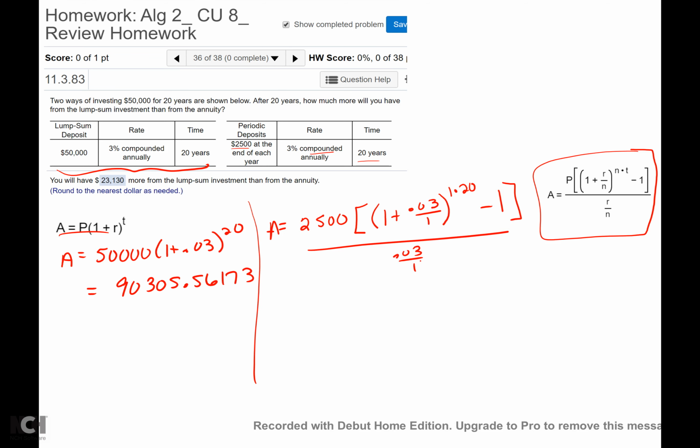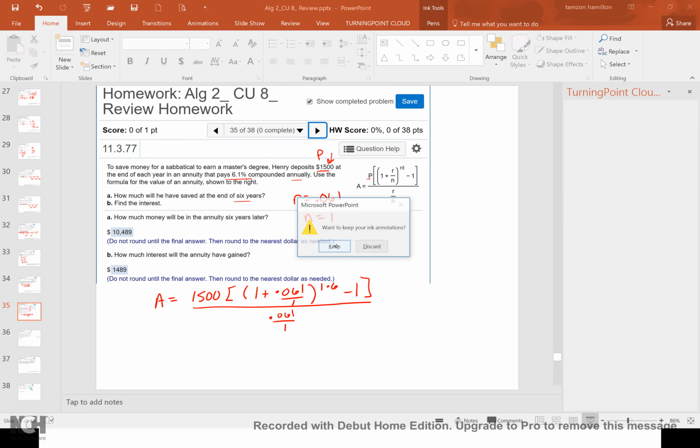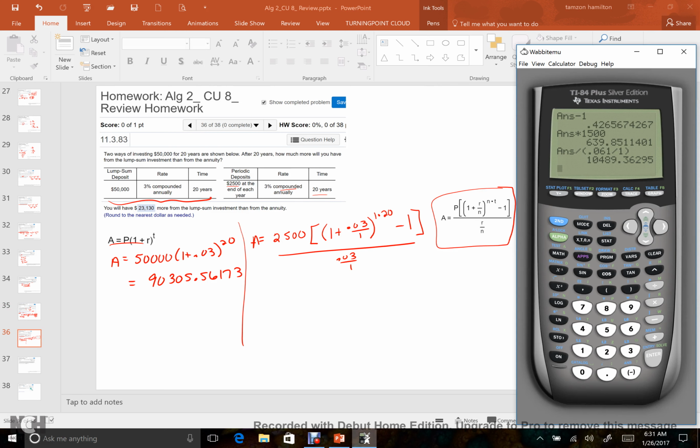Again, let me pull my calculator up here. I would type 1 plus 0.03 divided by 1. I know that's kind of silly, but in case it's not so simple.